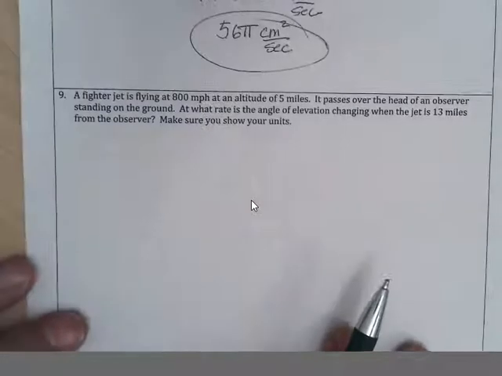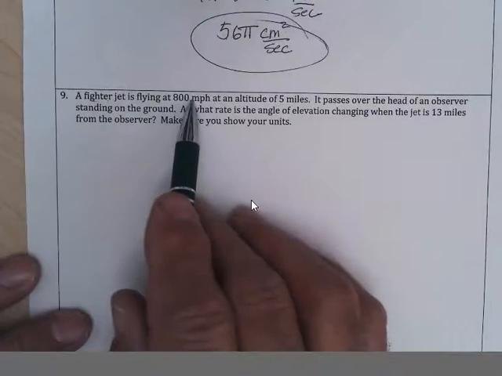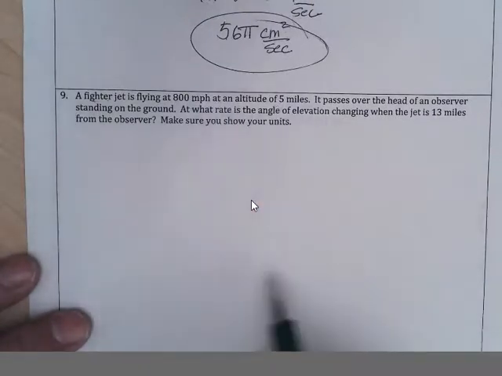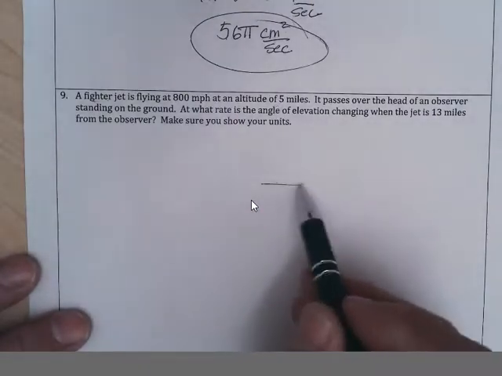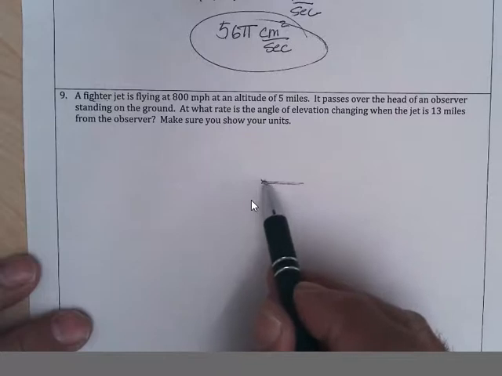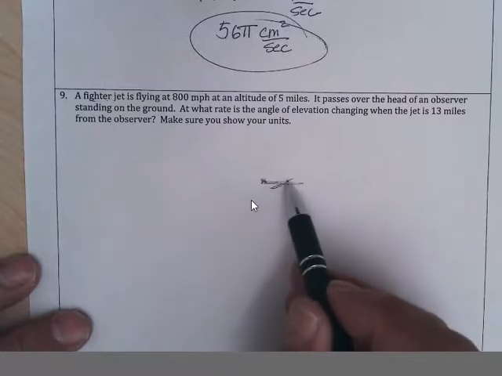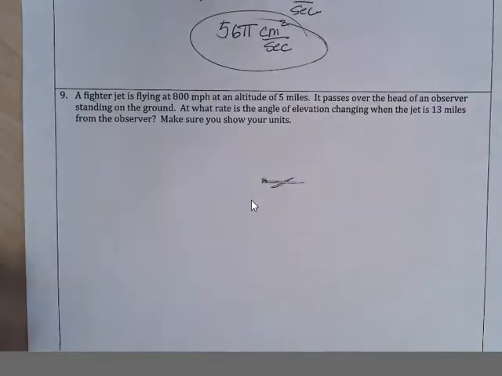And finally, a fighter jet is flying 800 miles per hour at an altitude of 5 miles. So here's my jet. Boy, I make such good-looking jets.